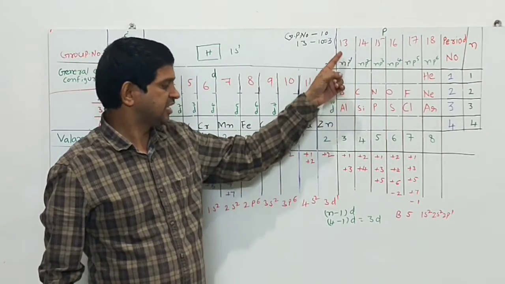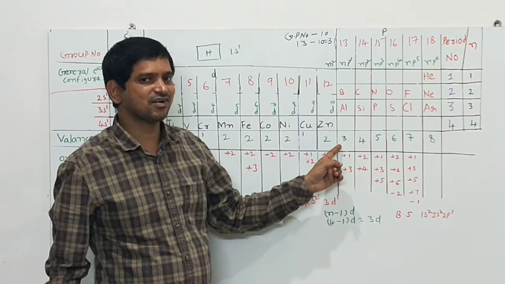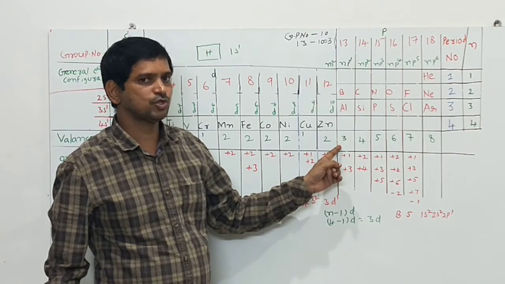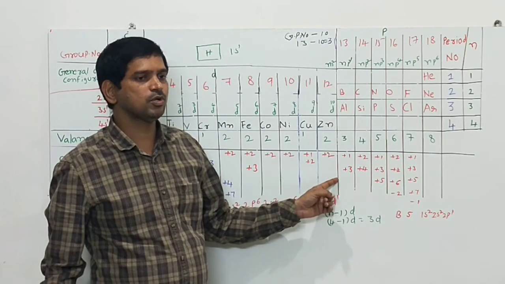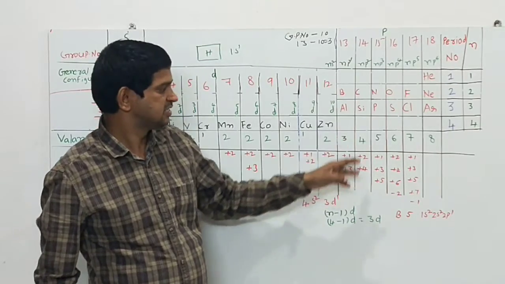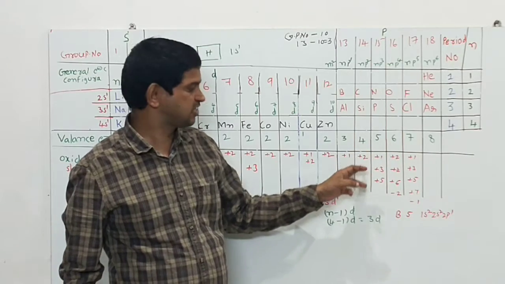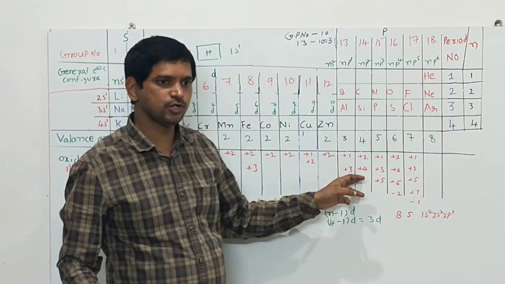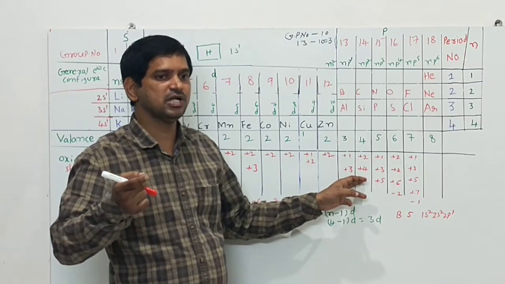See here, the 13th group has 3 valency electrons. It is an odd number, so the maximum is +3. Apart from this +3, one more oxidation state, +1, is also exhibited by 13th group elements. See here, 4 is an even number, the maximum positive oxidation state is +4. Apart from this +4, one more oxidation state, +2, which is below the 4.